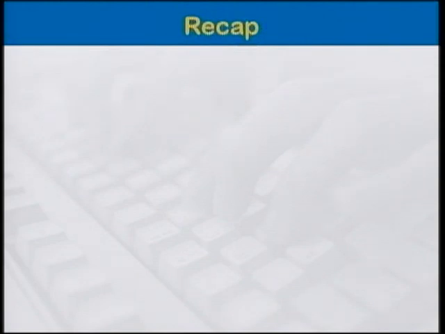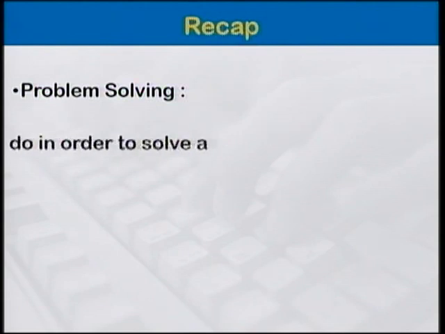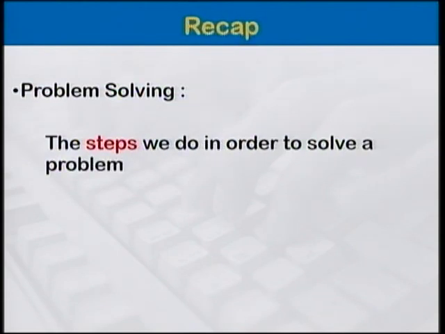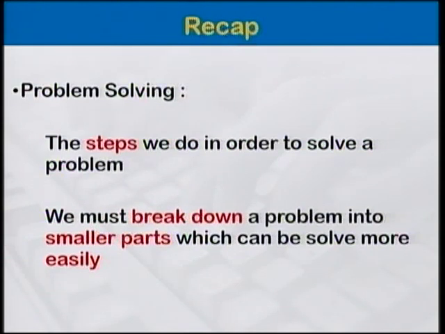Now we will do some recap. Problem solving refers to the steps we do in order to solve a problem. We must break down a problem into smaller parts which can be solved more easily.